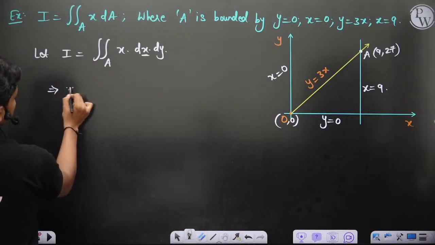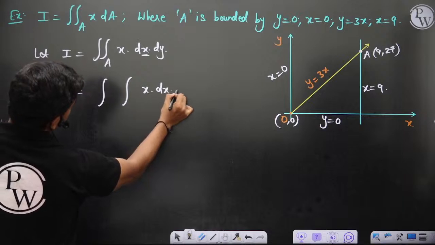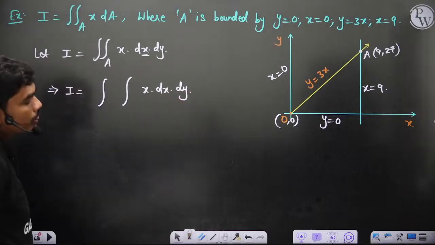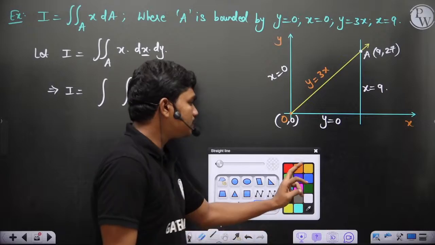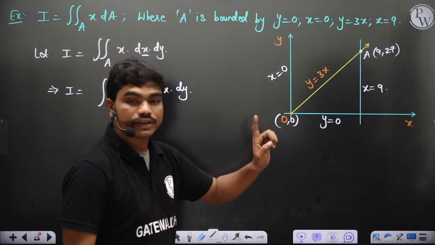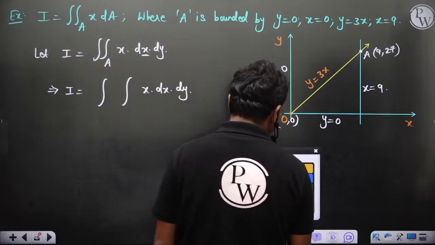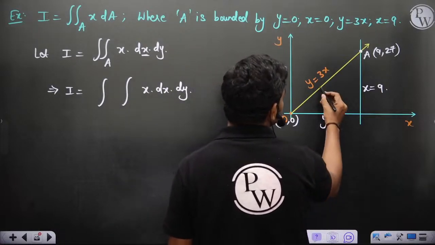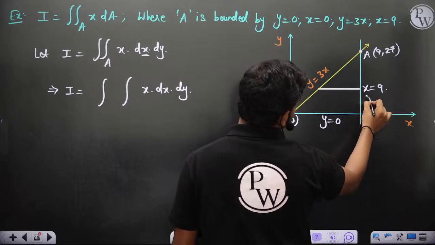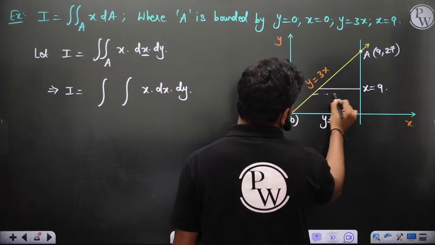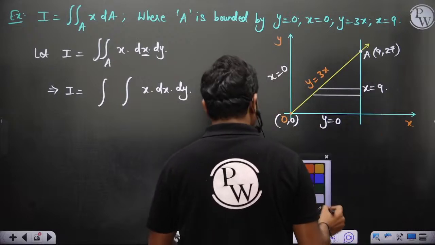Remember when we took y as the first variable of integration, we took a vertical strip. When you take x as the variable of integration, take a horizontal strip in this region.